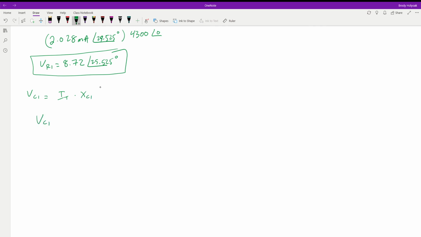So VC1 is equal to 2.028 milliamps at an angle of 29.525 multiplied by 2593 at negative 90. The voltage across capacitor 1 is equal to 5.259 volts at an angle of negative 60.475 degrees.